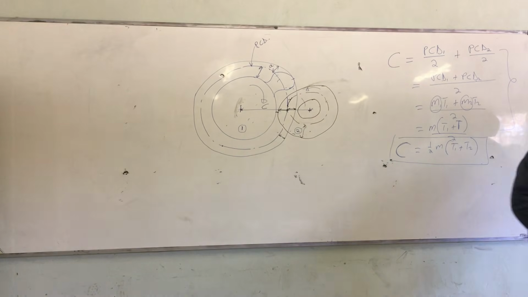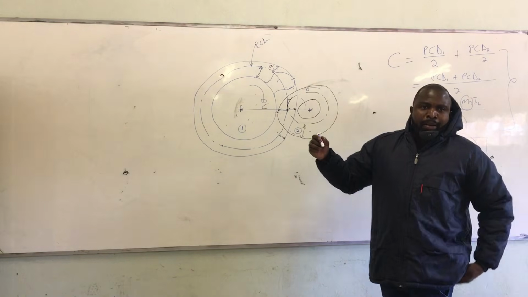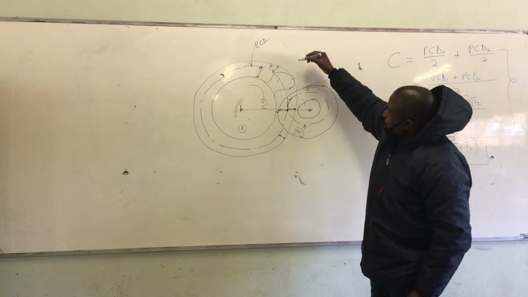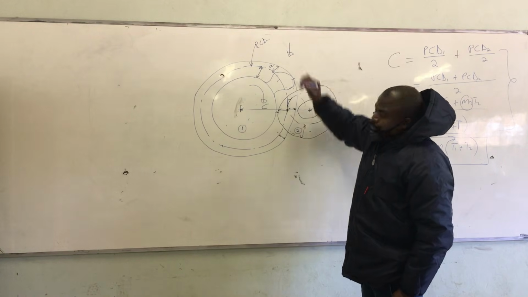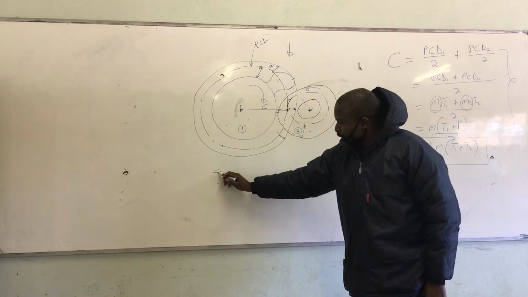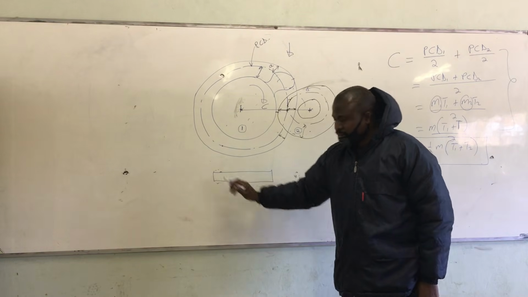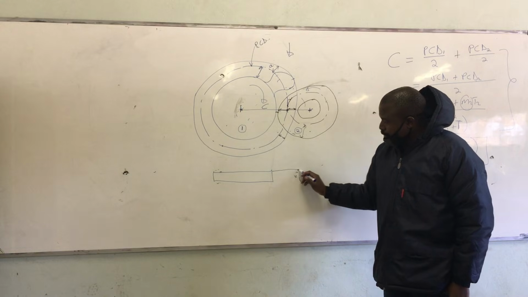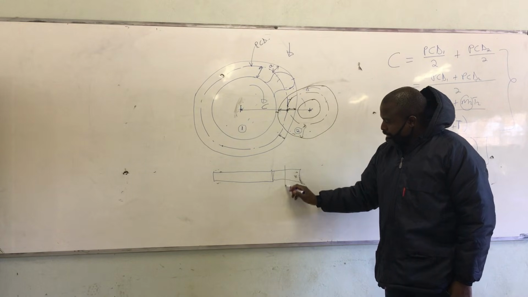Those were simple gears. So now let us go for compound gears. Now I'm going to draw these gears when I view from this side. It means I will see this bigger gear, and I will also see this smaller gear. Here I have a shaft.